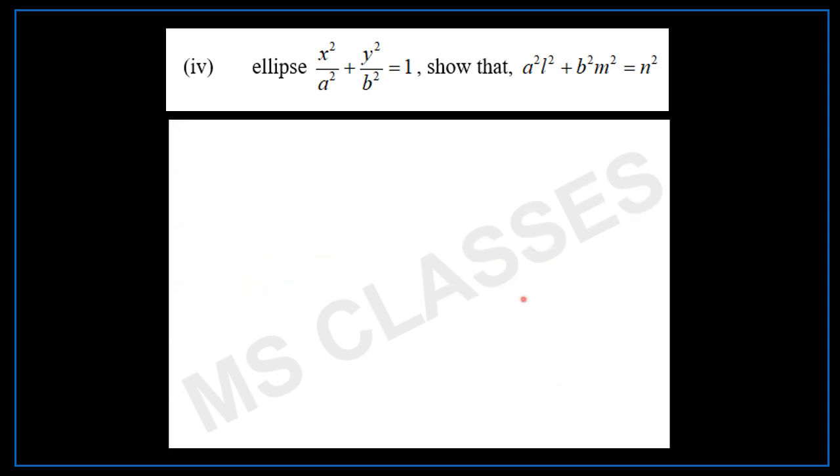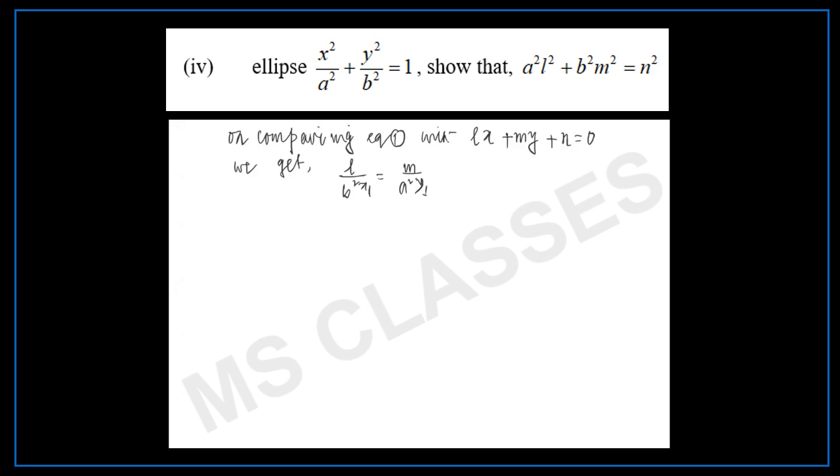So on comparing equation 1 with Lx plus my plus n equal to 0, we get L by b square x1 equal to m by a square y1 equal to n by minus a square b square.